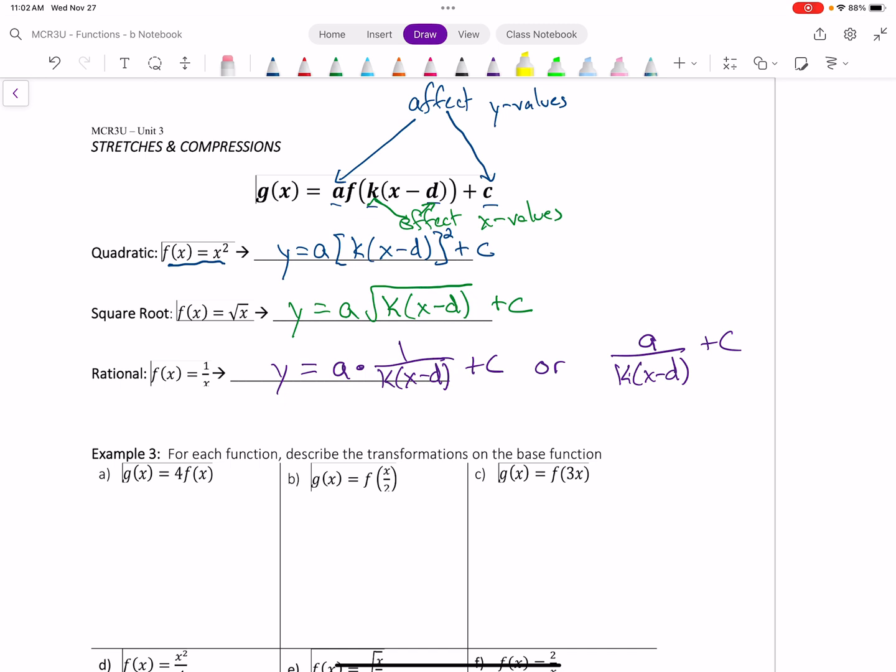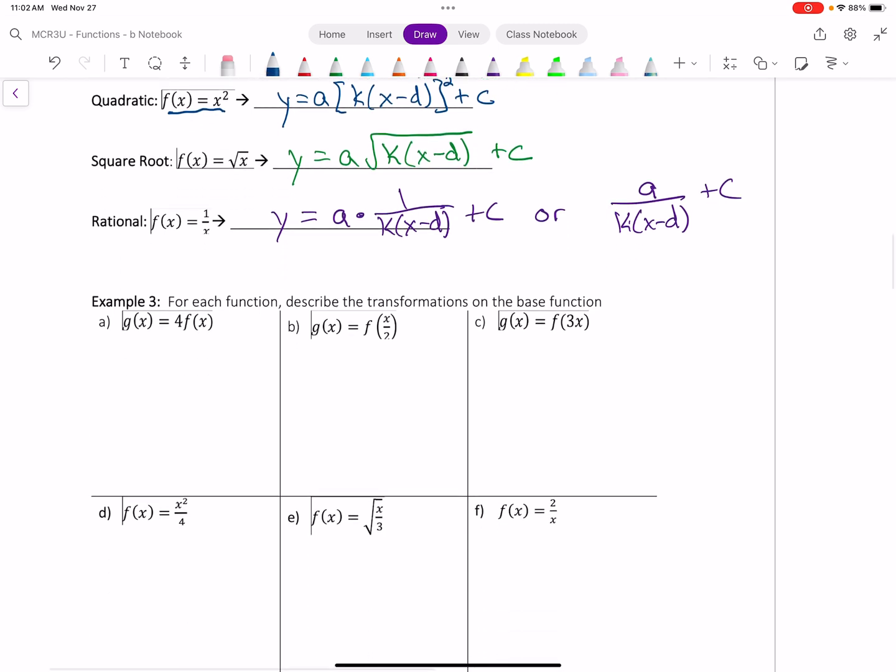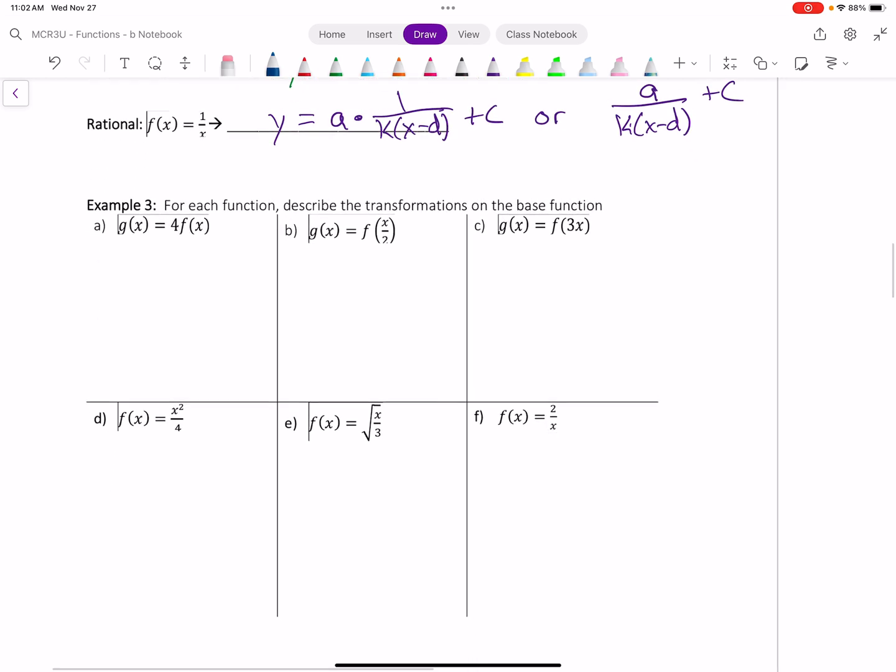So let's just look at some equations. A lot of these are just kind of tricky ones, but it's good to deal with them right off the beginning. The first one's pretty easy. If I was to describe the transformation on the base function, it doesn't matter what the base function is, it could be anything really, and we'll look at a few examples.